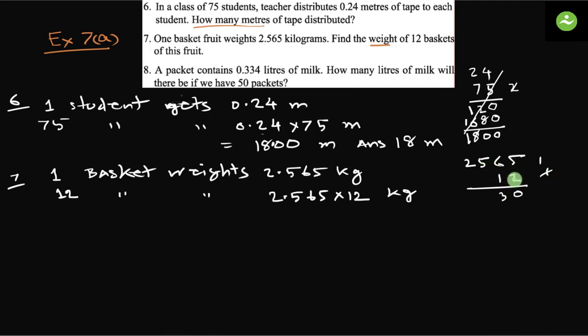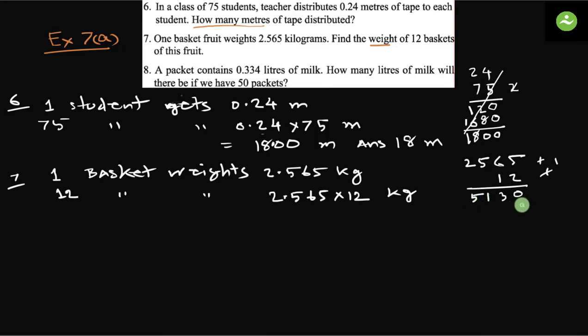5 into 2 is 10. 10 and 1 is 11. 1 in hand. 2 into 2 is 4. 4 and 1 is 5.